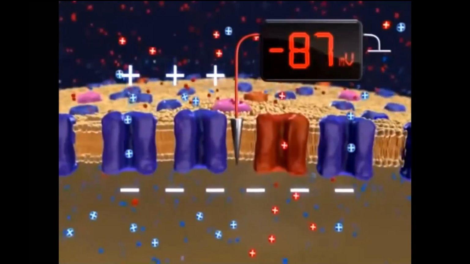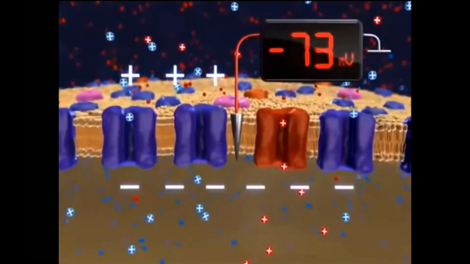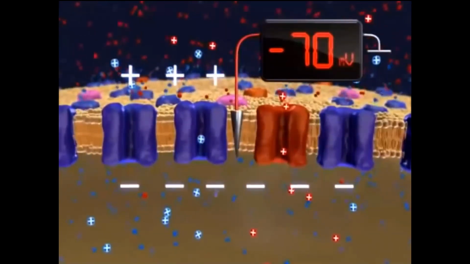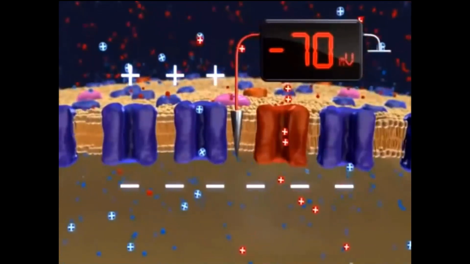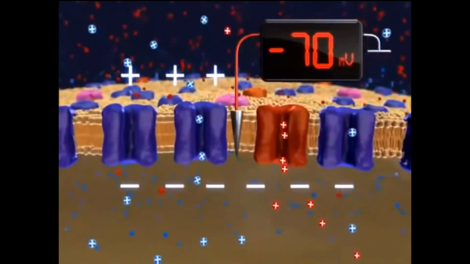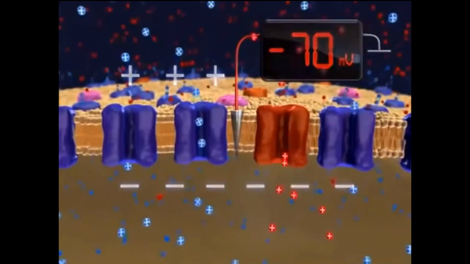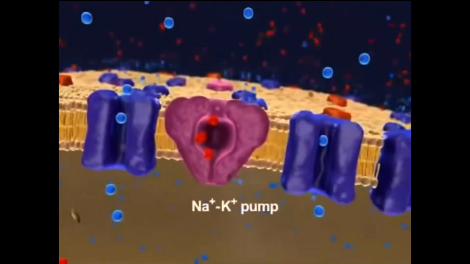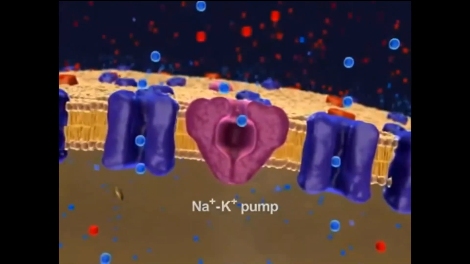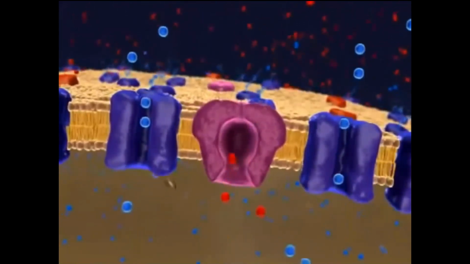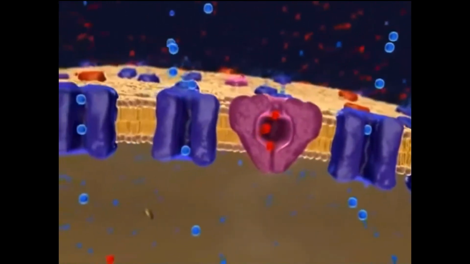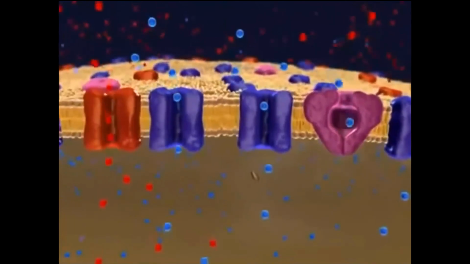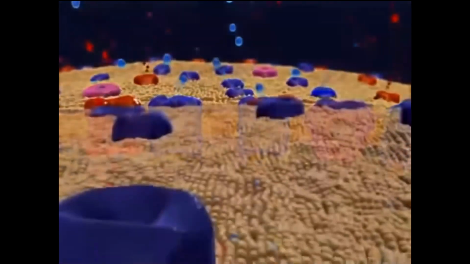However, positively charged sodium ions leak into the neuron, which slightly offsets the negative charge and raises the voltmeter reading to -70 millivolts. Sodium-potassium pumps actively transport sodium ions out of the neuron and potassium ions back in, compensating for the sodium and potassium leaks. Thus, the pumps help to maintain the resting membrane potential.